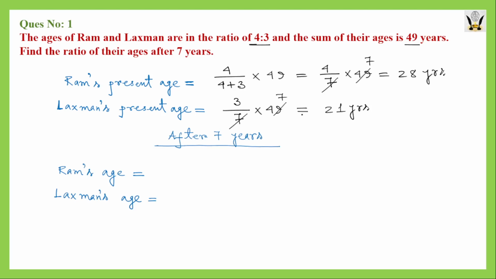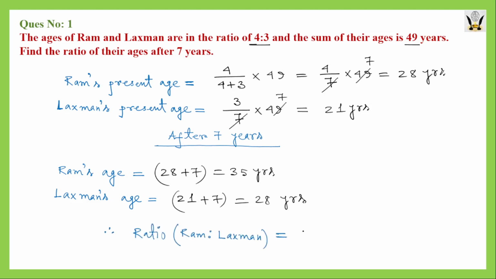Now after 7 years, Ram's age will be what? 28 plus 7, so it will be 35 years. And for Lakshman, the age after 7 years will be, current age is 21, so 21 plus 7, 28 years, right? And what we need to find is the ratio of their ages after 7 years.